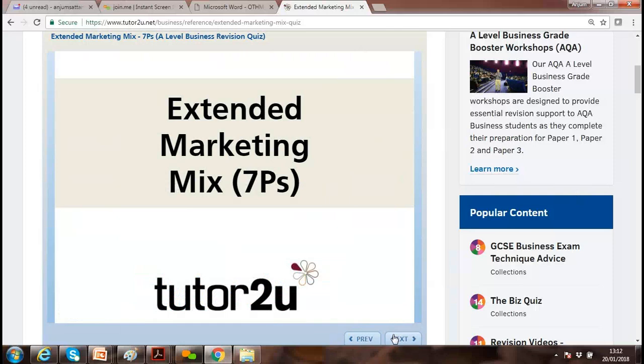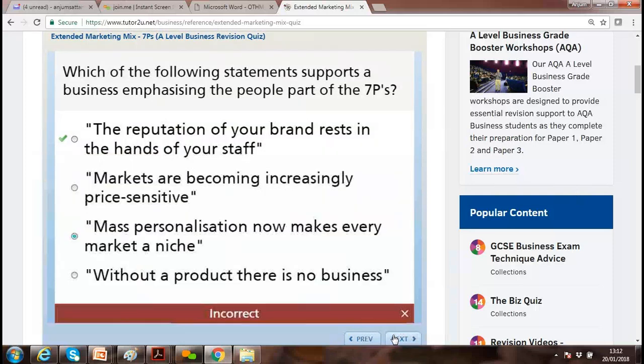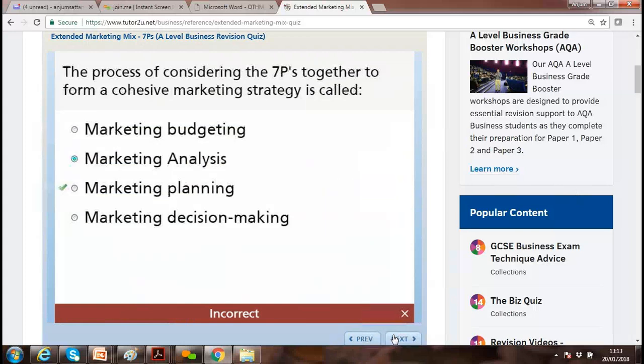So we achieved it. The first was the reputation of your brand; yes, the rest is in the hands of your staff. Next was marketing planning. Cohesive, yes.